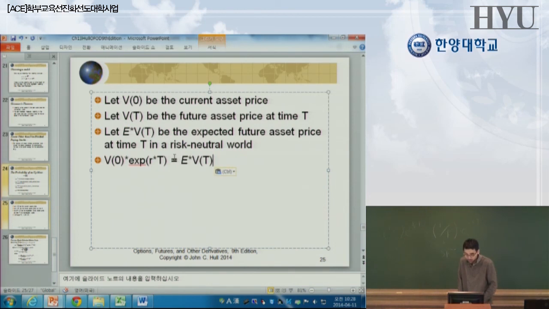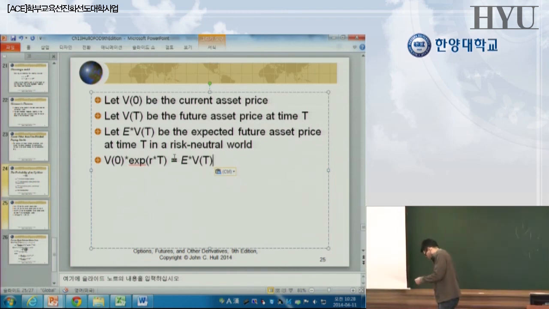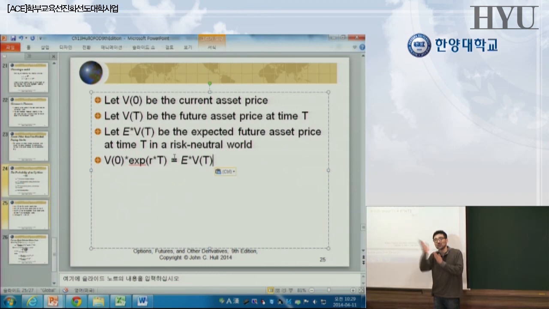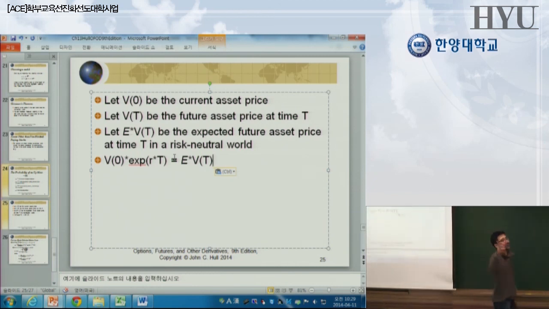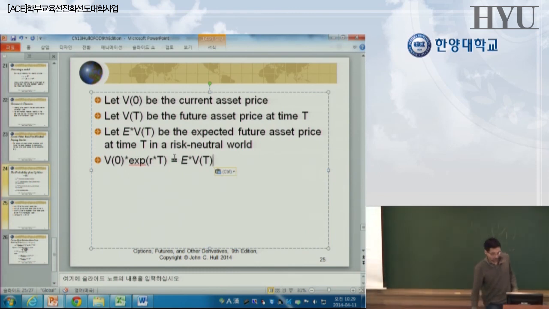Let's say that U is the up return and D is the down return.